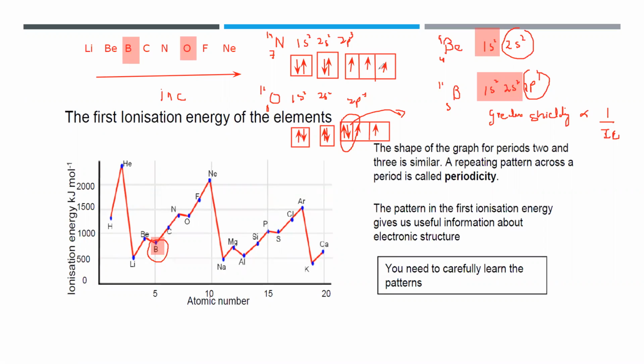And in the same way, if the question is about magnesium and aluminum, it's the same reason. This is group 1, group 2, boron is group 3, carbon group 4, nitrogen group 5, oxygen group 6, fluorine group 7, neon group 8.